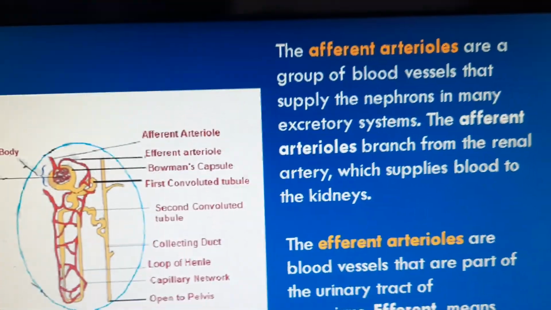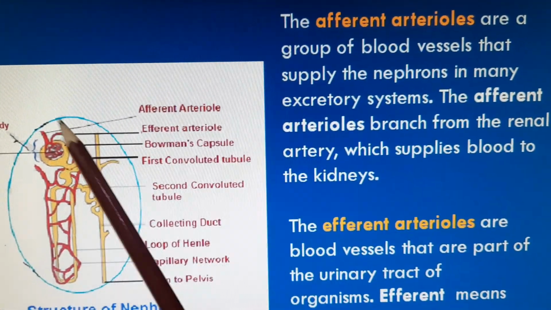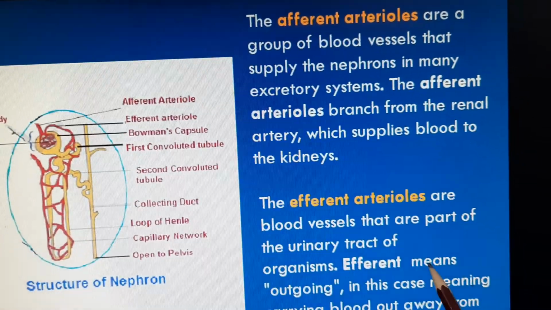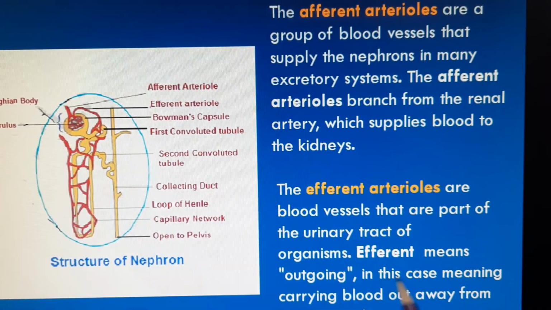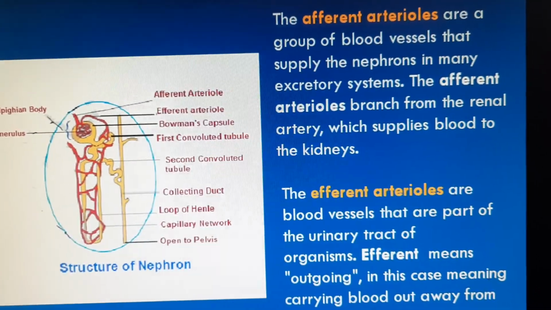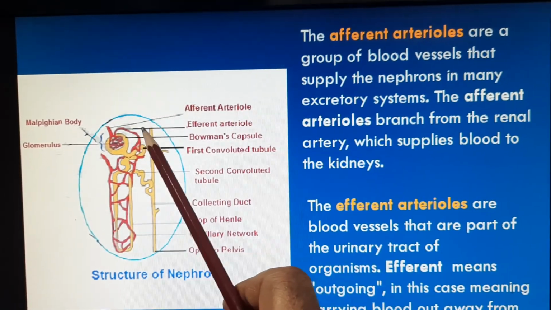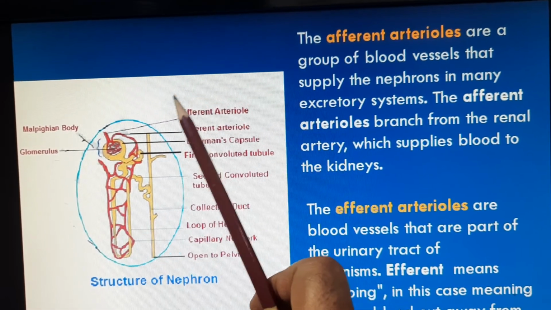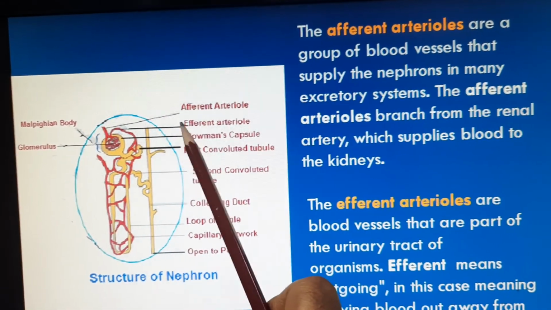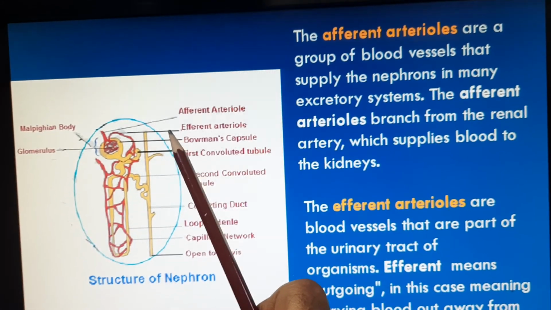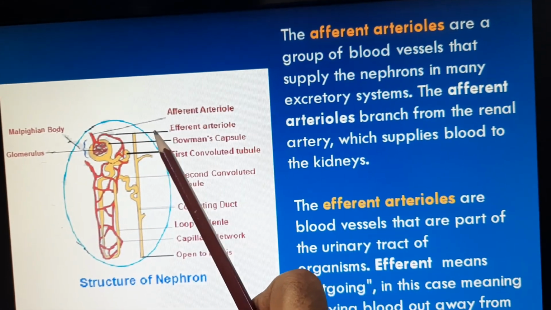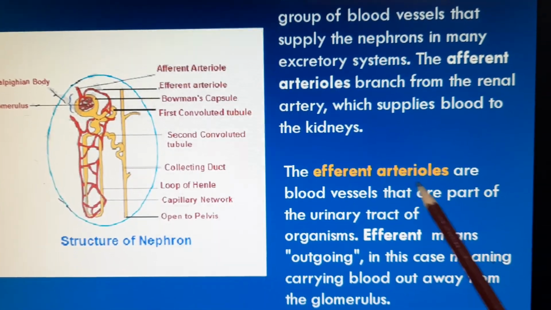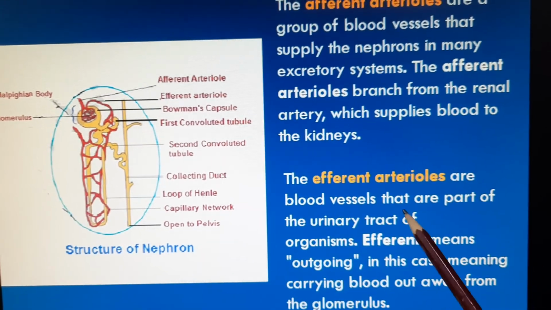And the next is the efferent. The efferent arterioles are blood vessels that are part of the urinary tract organism.